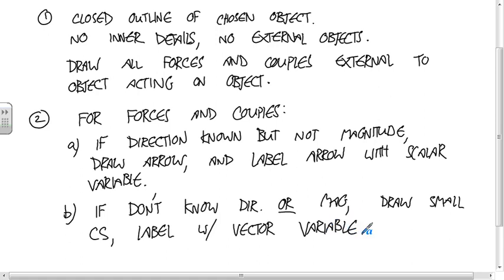Let me just give little examples of both of these. In A, if you know the direction but don't know the magnitude, you'd indicate that force with an arrow in whatever direction it's acting, and then some scalar variable, capital V in this case, would indicate a speed. So if you know the direction of a velocity vector, this would be a way to represent it. You know it's acting in this direction, and you know its magnitude is equal to the speed.